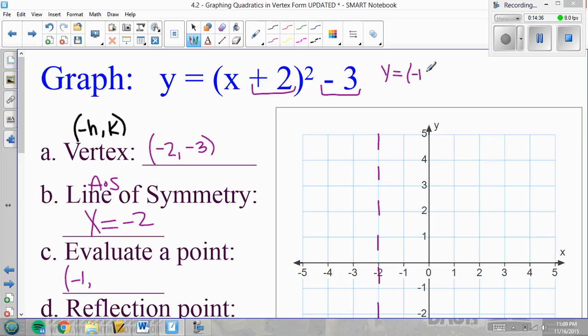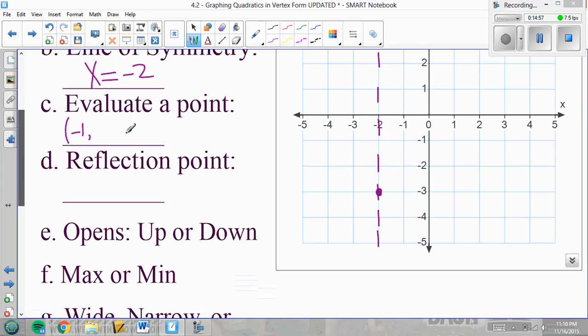So I have (-1 plus 2) squared minus 3. Taking my order of operations, I want to take care of parentheses first. So -1 plus 2 is 1, squared is 1, minus 3, I get -2. So I have the point (-1, -2).